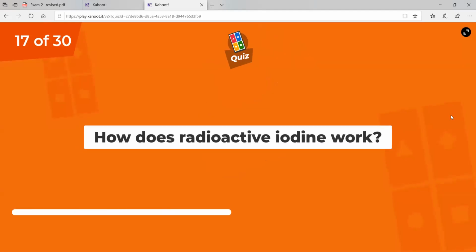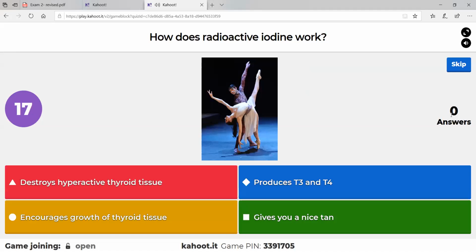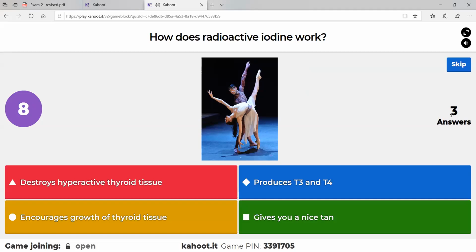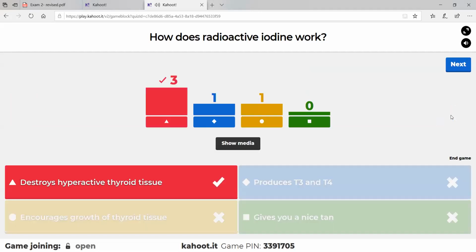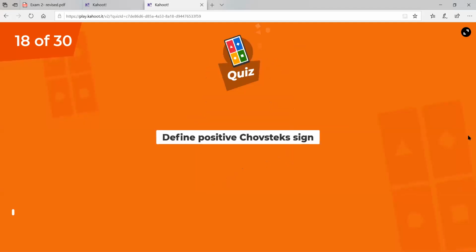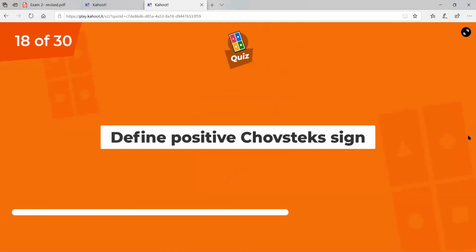How does radioactive iodine work? Okay, so it destroys hyperactive thyroid tissue. And then define positive Chvostek sign.